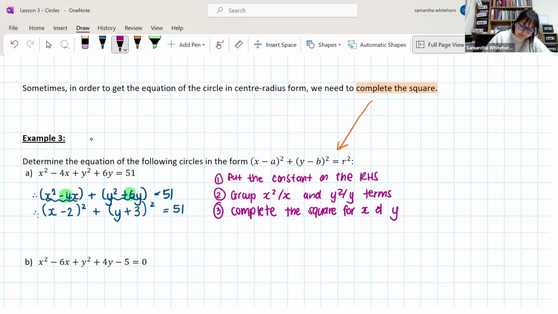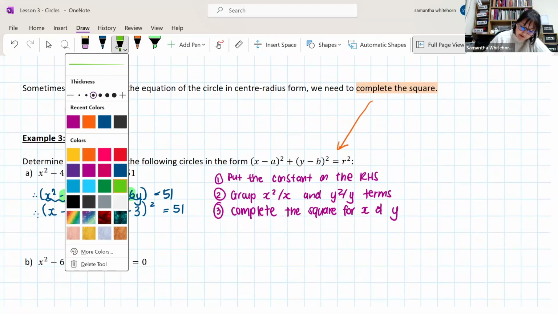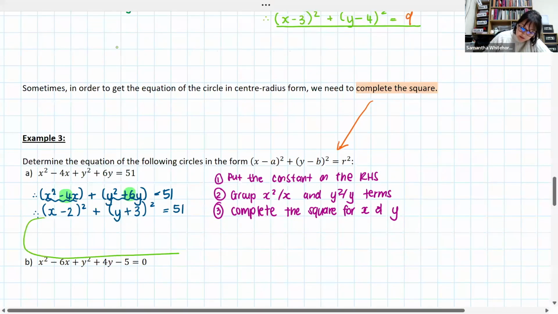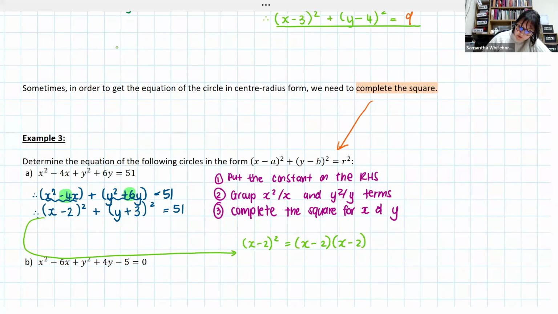So what I want you guys to remember is the fact that if you are going to introduce this binomial squared, so x minus 2 squared, what that means is you're saying x minus 2 times x minus 2, which gives you a trinomial of x squared minus 4x plus 4.